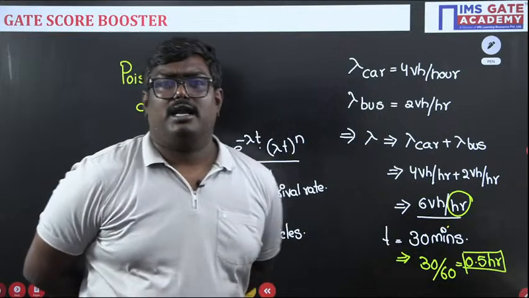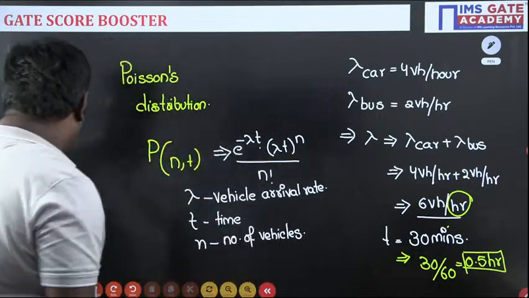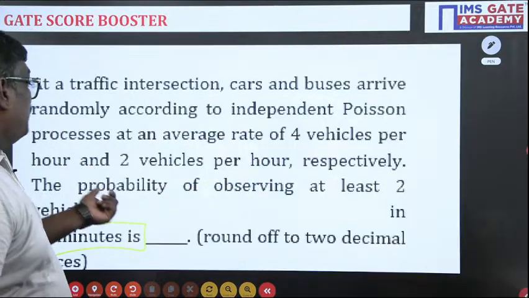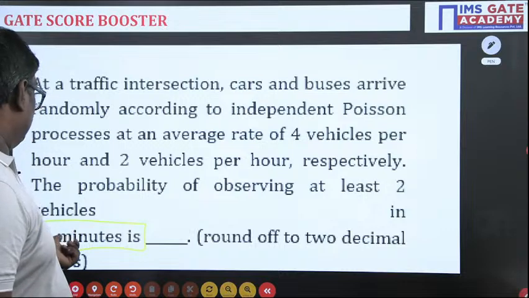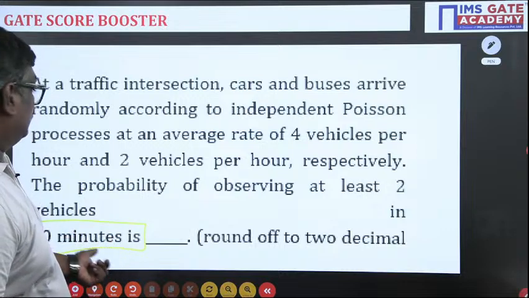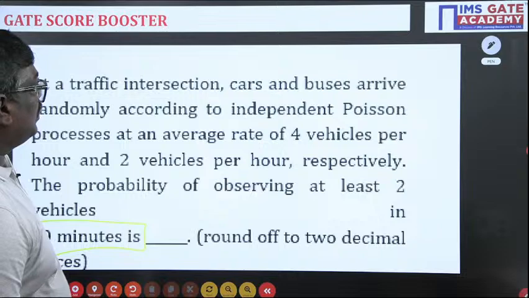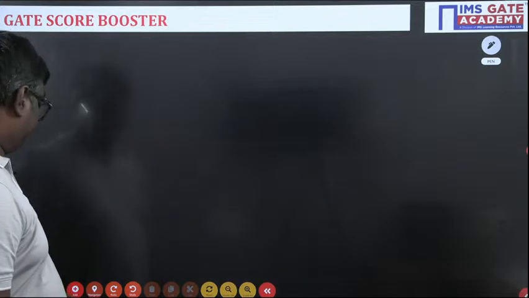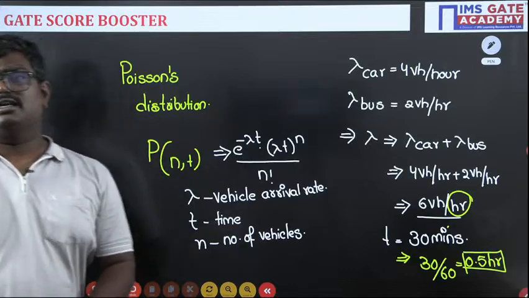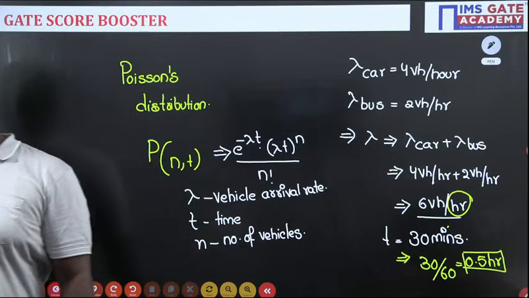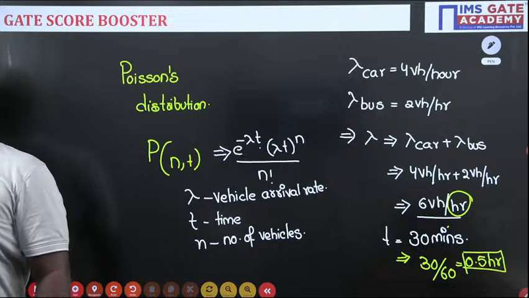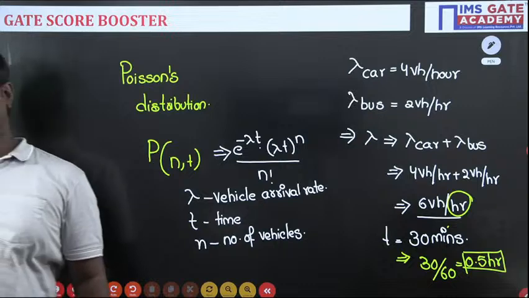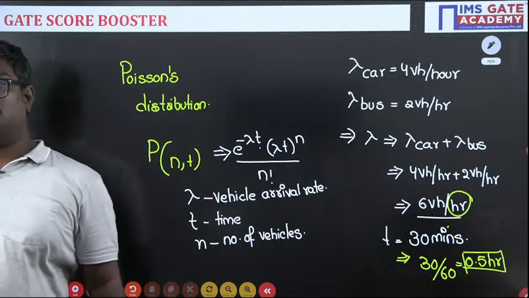Now, what he has asked in the problem is the probability of observing at least 2 vehicles in 30 minutes. Just write down these lambda values, students.